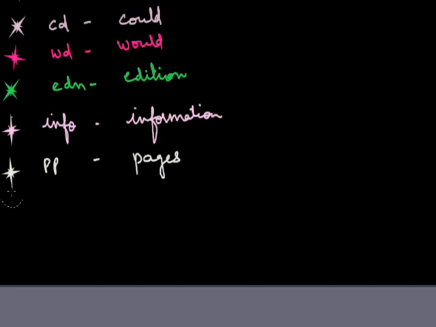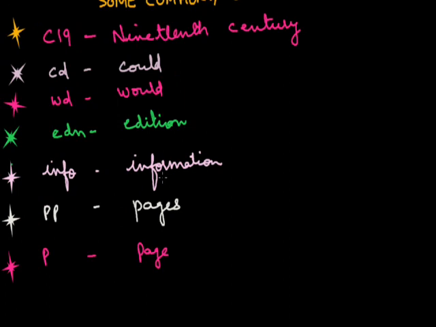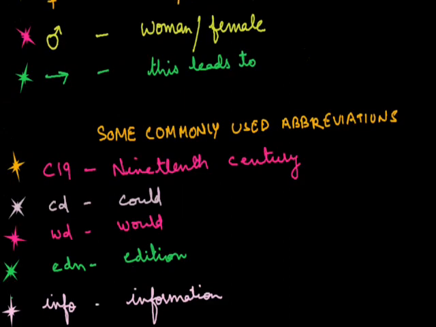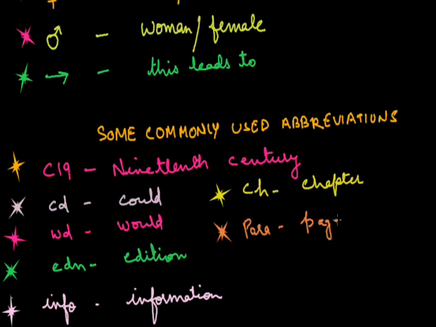Next I'll write CH for chapter, and then para. You all know these things, so that's why I told you that making notes is not a very difficult thing. It's very simple and you can score full marks in it.